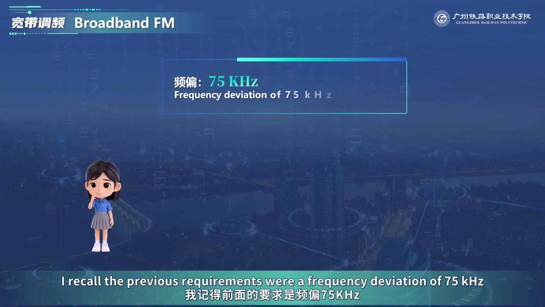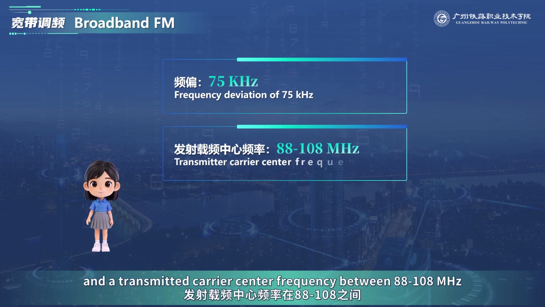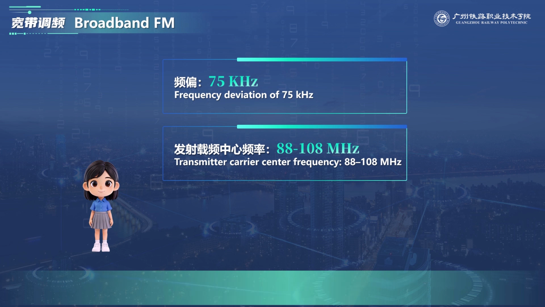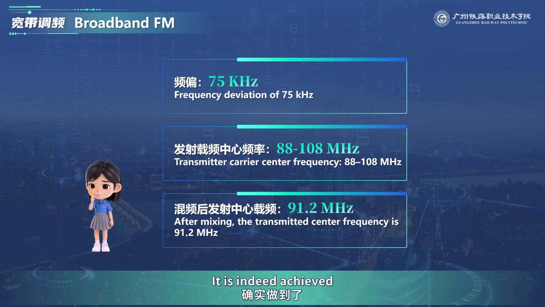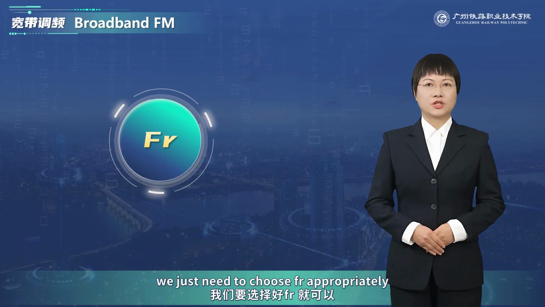I recall the previous requirements were a frequency deviation of 75 kHz and a transmitted carrier center frequency between 88 to 108 MHz. After mixing, the transmitted center frequency is 91.2 MHz. It is indeed achieved. Of course, we just need to choose fr appropriately.